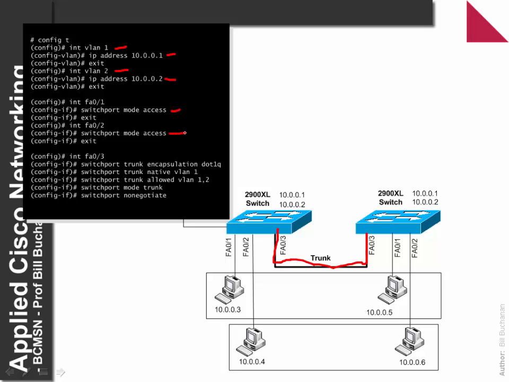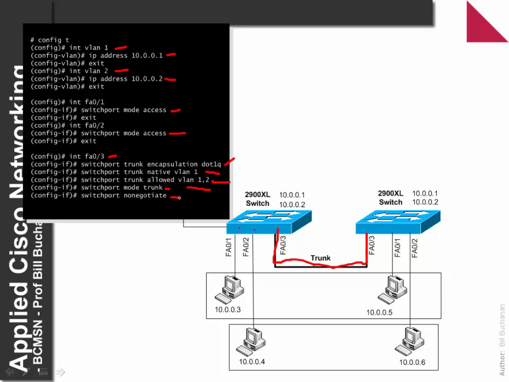Port 1 and port 2 on this switch are used as layer 2 access, and then the third port is encapsulated with 1Q. It then defines the native VLAN, which means that the data frames are not tagged, and then it defines the VLANs that are allowed to be trunked.